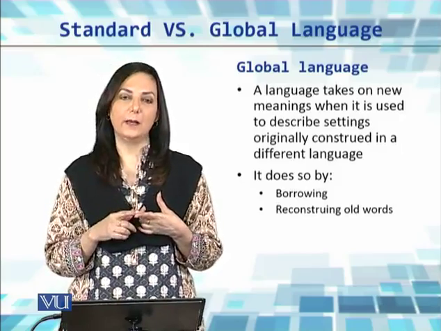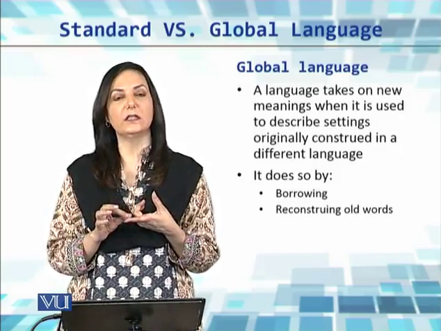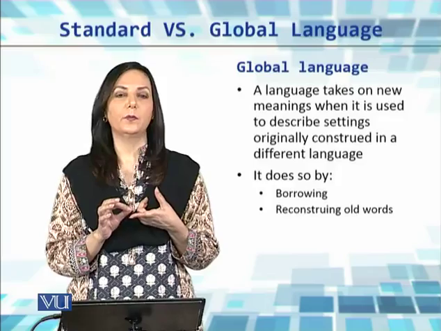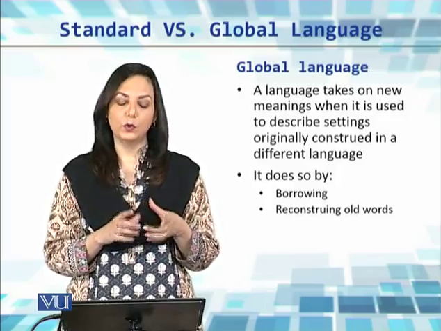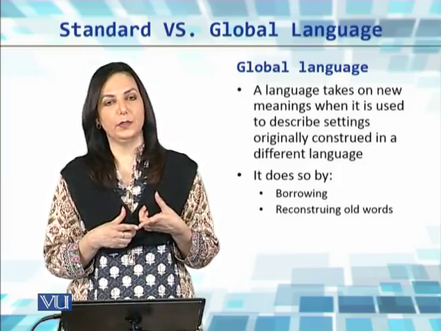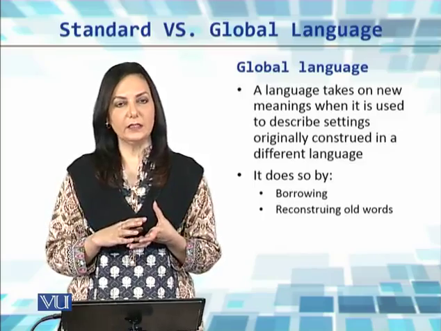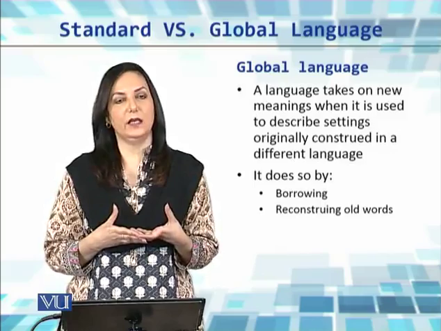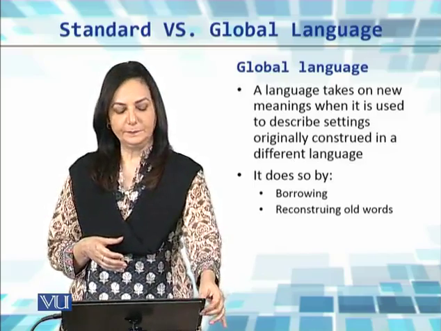It borrows vocabulary from other languages and also from the indigenous language of the people who have now started using it as a second language. It also reconstrues old words. For example, the old words that are already present in English are given new meanings. They are used to express newer meanings as well.